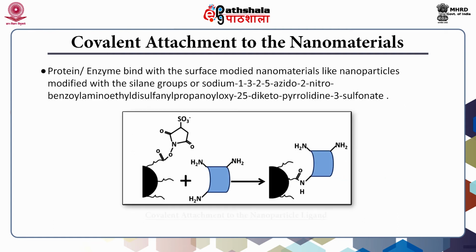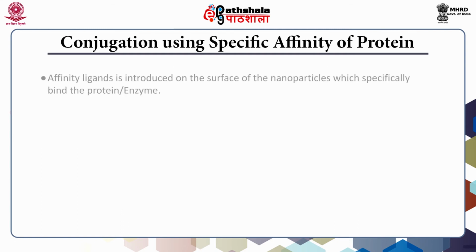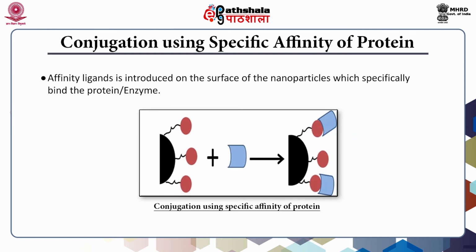Surface of the nanomaterial is modified in covalent attachment so that the enzyme can bind to the nanomaterial. There are a number of chemical reagents available which are used to modify the surface of the nanoparticles. Another way by which enzyme can be linked to the nanomaterial is by affinity linking.